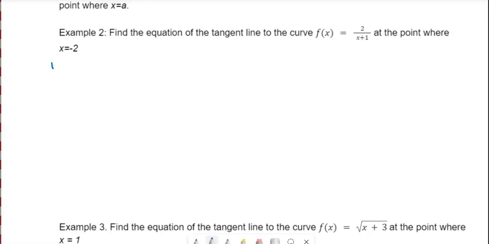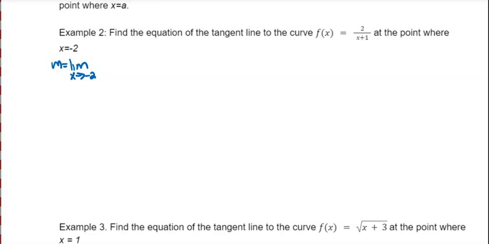Okay, so I want to find the slope of the tangent to the curve 2 over x plus 1 at the limit as x approaches -2.